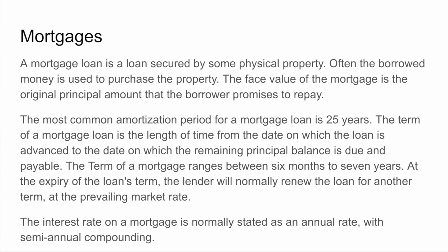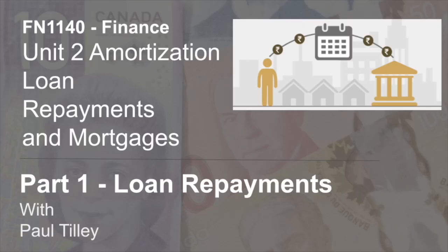The interest rate on a mortgage is normally stated as an annual rate, 7% interest, for example. But the compounding of a mortgage tends to be semi-annual. So when we think about mortgages and that type of loan, it is a semi-annual compounding. So we know that some mortgages will fall across the year. So we need to be able to give a really good estimate of how much we owe on a loan or a mortgage at the end of the year.